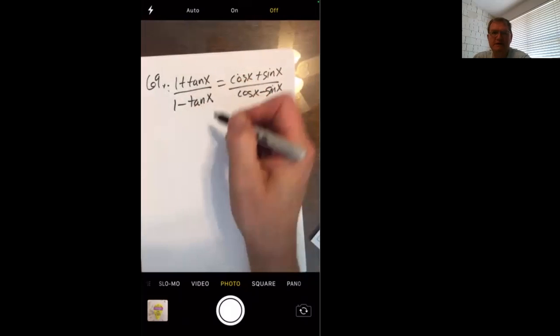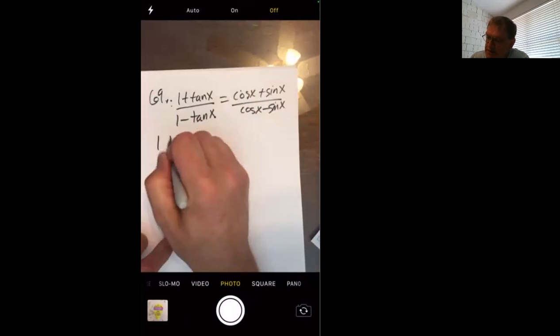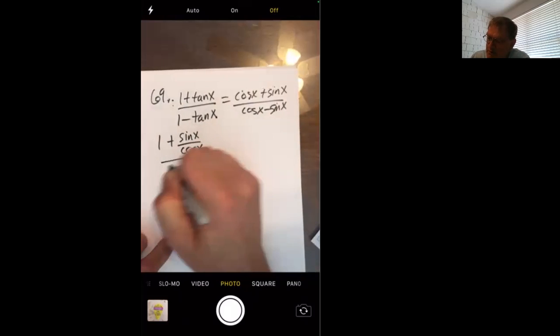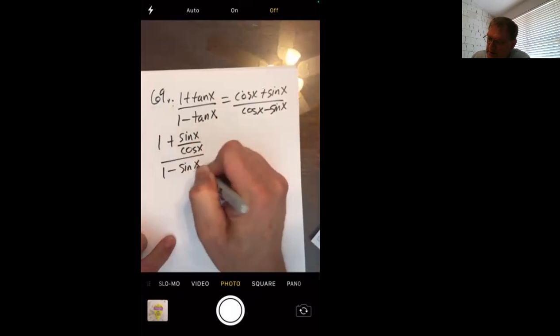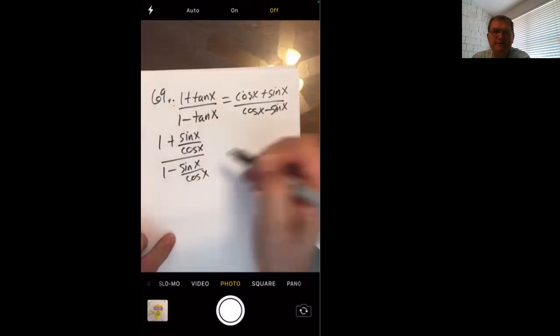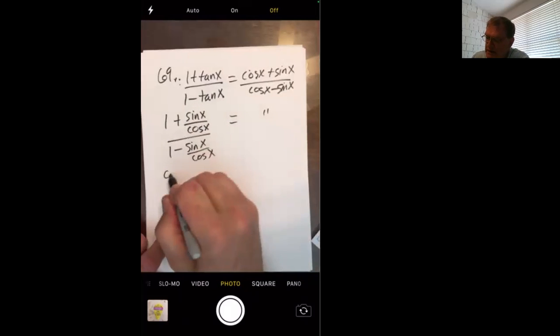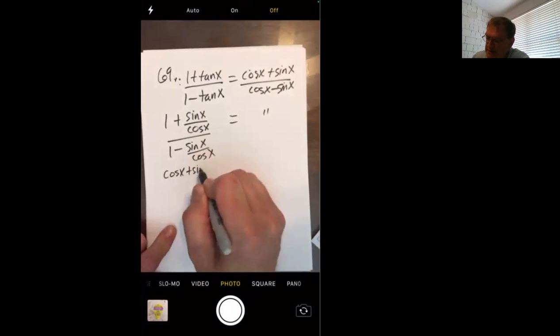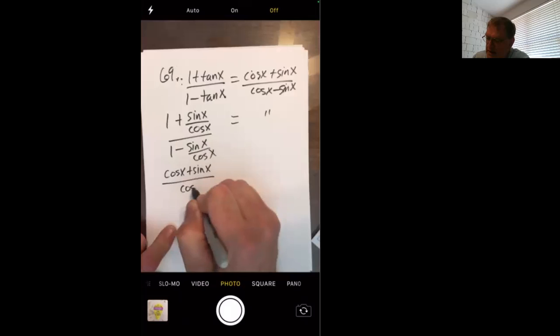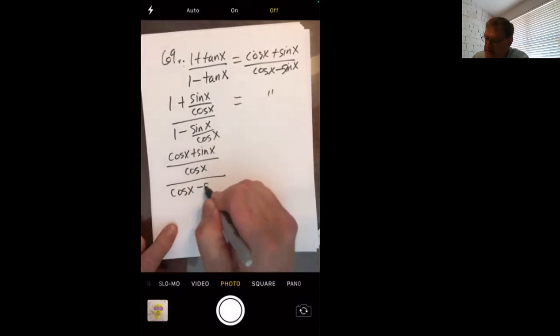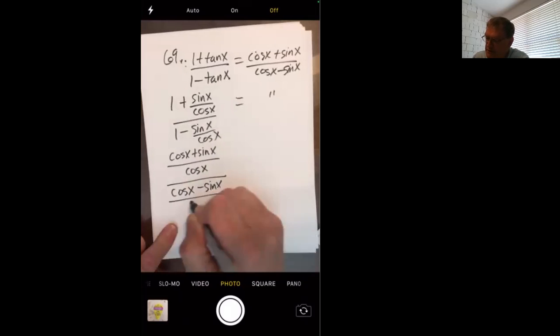Let's convert this to sines and cosines. 1 plus sine over 1 minus cosine of x. Common denominator: cosine of x plus sine of x, all over cosine of x, over cosine of x minus sine of x, all over cosine of x.